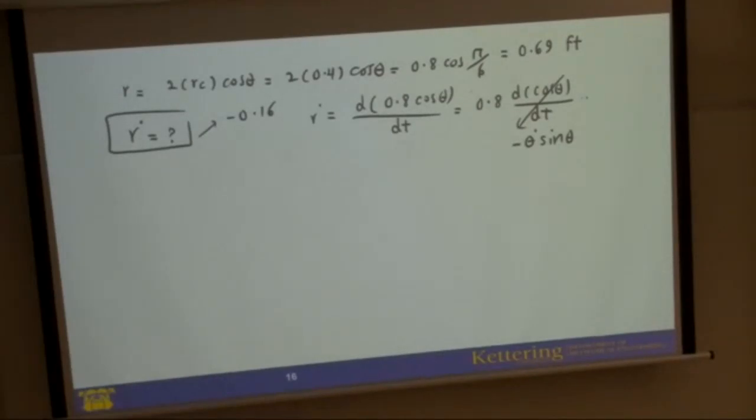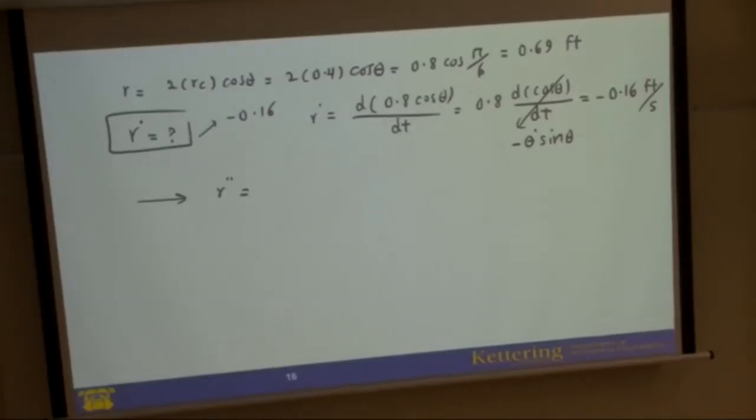If you calculate this, also if you calculate R double dot, this one is similar to what I solved in the previous example. You need to use the product rule first, then use the chain rule.